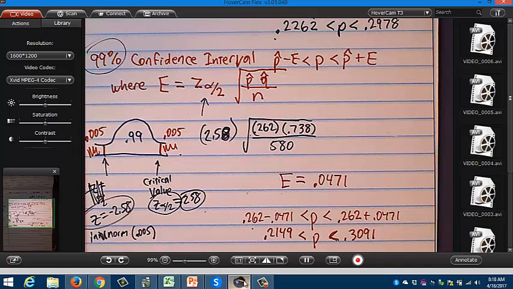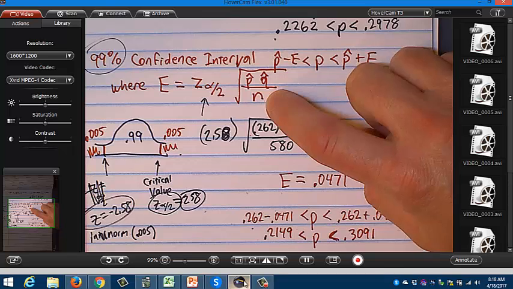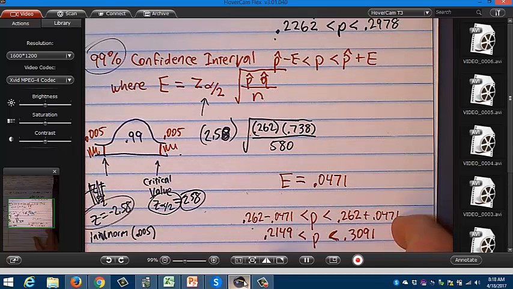Like, which is bigger, 1/2 or 1/10? One half is bigger. 1/10 is smaller, right? When I make a fraction's denominator bigger, I'm making the number smaller. That will shrink your confidence interval. It's kind of interesting. Okay?